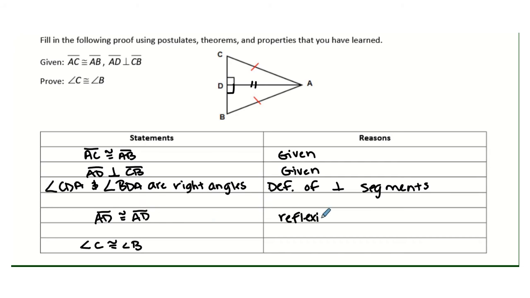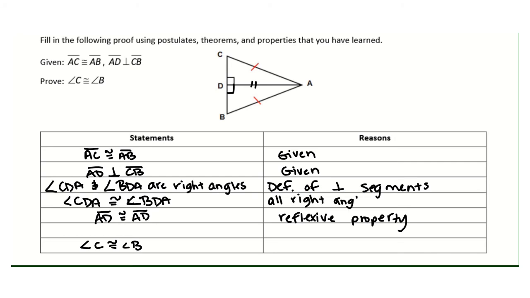And let me show you why I just left this blank. In geometry, we have to prove everything. So we just set up here that this angle is a right angle and this angle is a right angle. Well, since they're both right angles, now we can say that they're congruent. So angle CDA is congruent to angle BDA, and that's because all right angles are congruent.